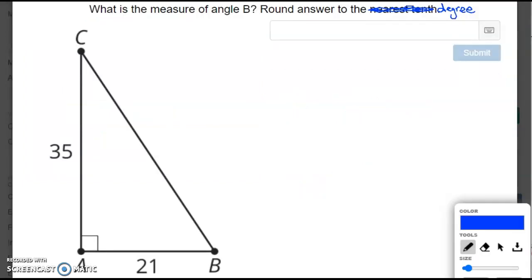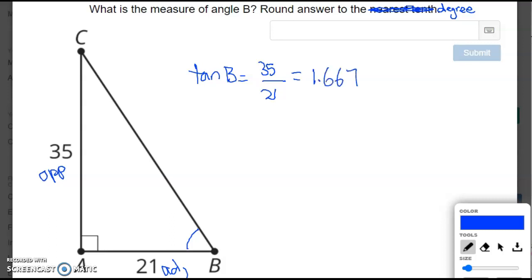Okay, for card number 4, a similar problem except we're trying to find this angle measure B here. And we're given the opposite side and the adjacent side. That means we're using tangent of B is going to be equal to opposite over adjacent, which is 35 over 21. And 35 divided by 21 is 1.66 repeating.